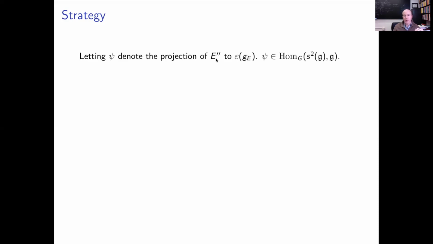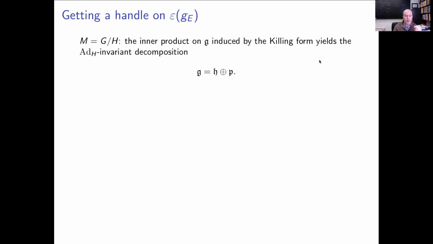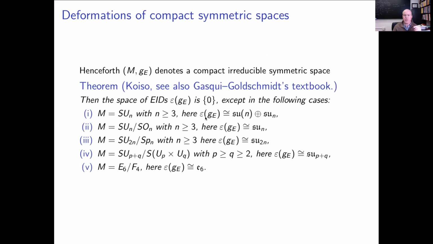This is effectively a second derivative, and second derivatives commute, so this is going to be symmetric. This is where the S^2 comes from. It's symmetric, and the objects you're putting in are EIDs. But what we saw from Koiso's theorem back here is that the space of EIDs can be identified with the Lie algebra g.